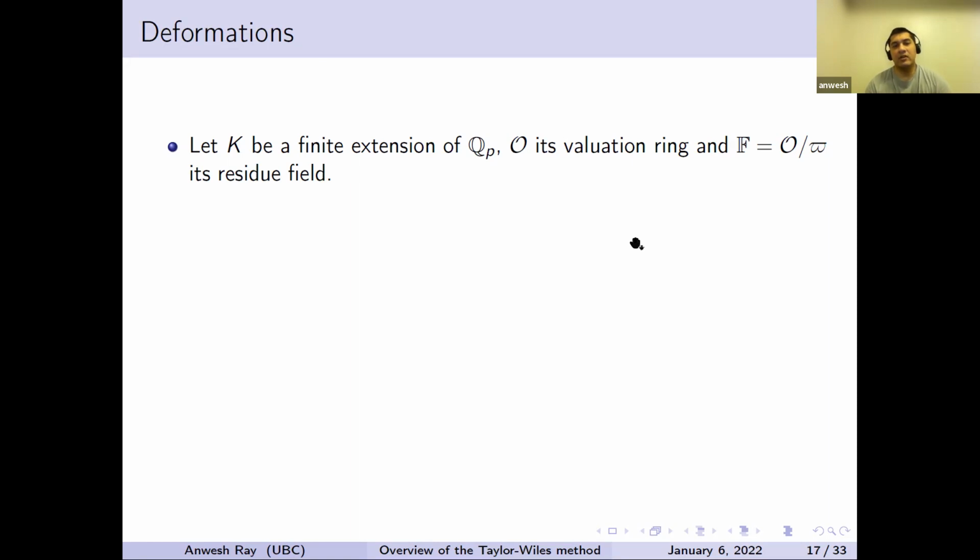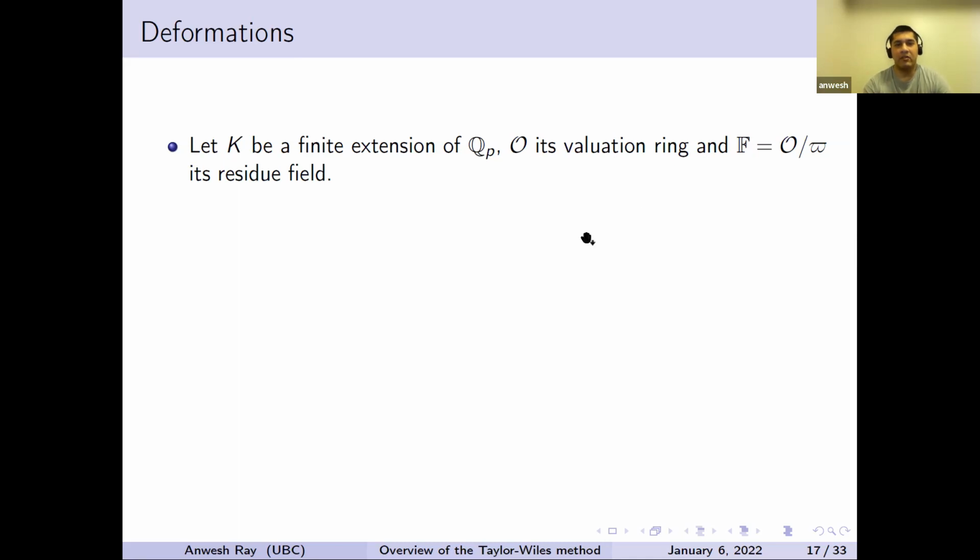And then we completed that at a prime ideal frak p. And that was O. In this setting, we're just taking some valuation ring. But in our applications, it's going to be the completion of the number ring at a prime ideal frak p.